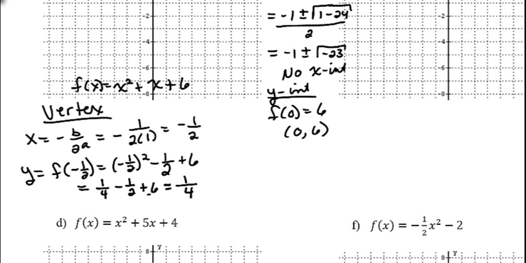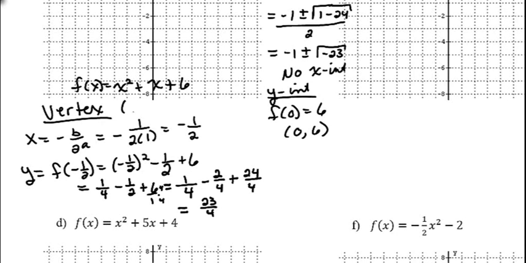So we have 1/4, and negative 1/2 is the same as negative 2/4. Plus, multiply the numerator and denominator of the 6 by 4, and we get 24/4. So 1/4 minus 2/4 is negative 1/4, and negative 1/4 plus 24/4 is 23/4.